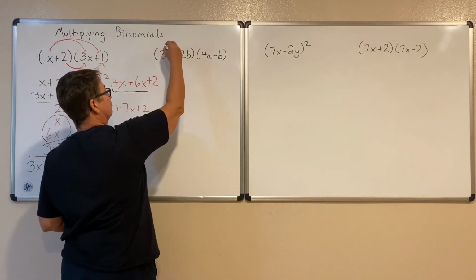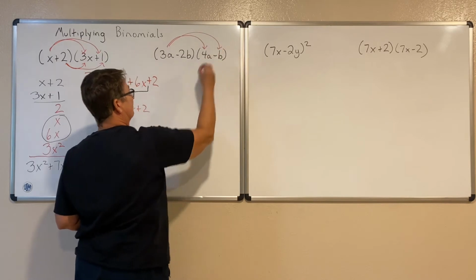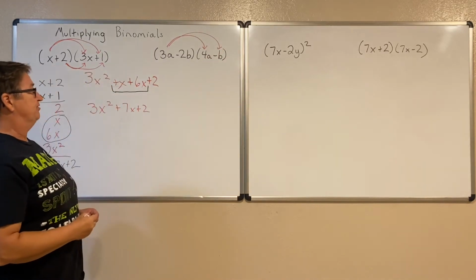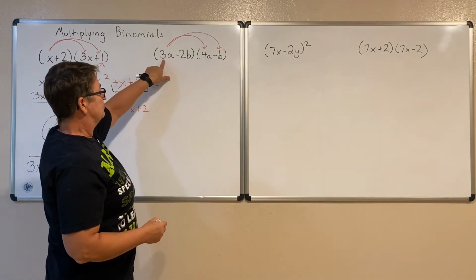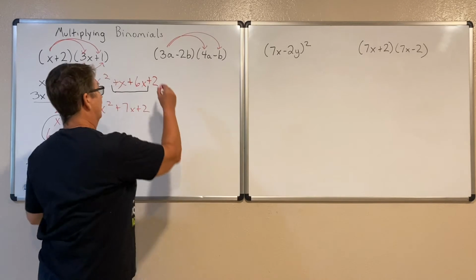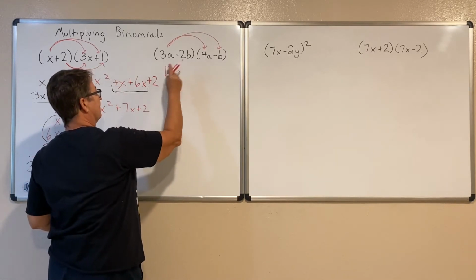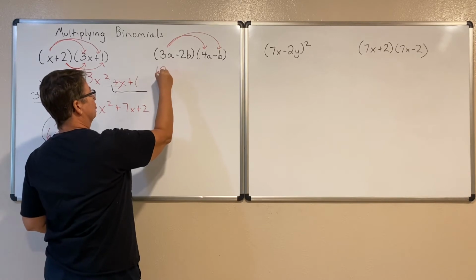Let's start with this 3a. It's going to distribute to both of these terms inside of that set of parentheses. We multiply the coefficient times the coefficient. So 3 times 4 is 12. And then we multiply the variables together.